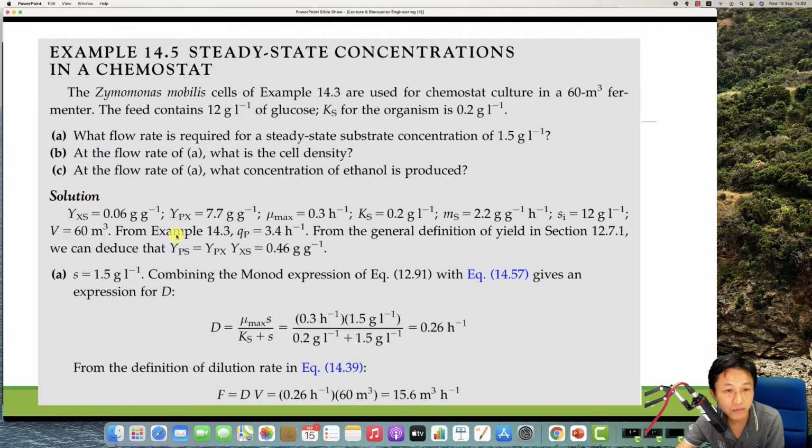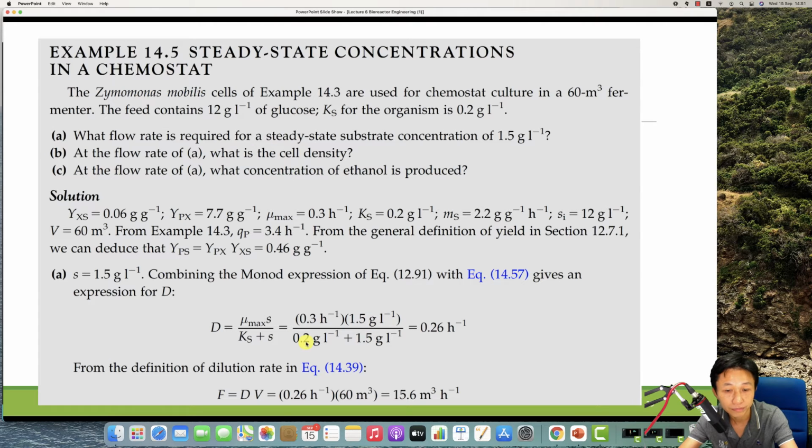We use the same information from the previous example, and we identify the D, okay, which is this one, 0.26 per hour. From this one, F times D, this volume, okay, is this one. Okay, this is from the beginning.